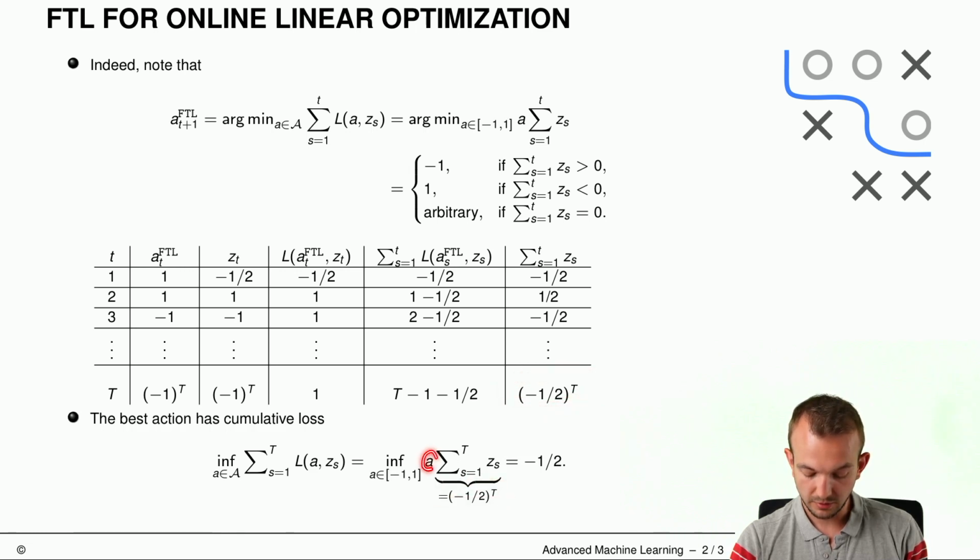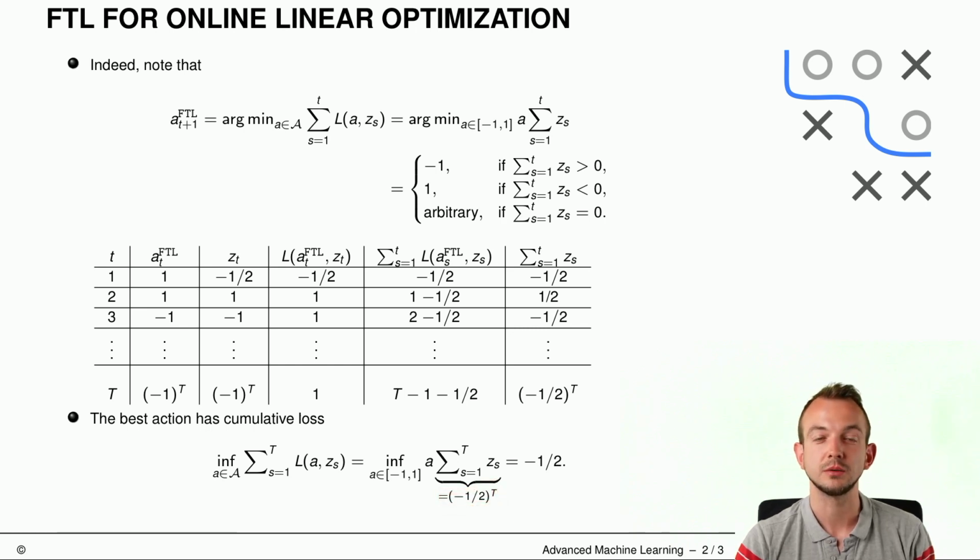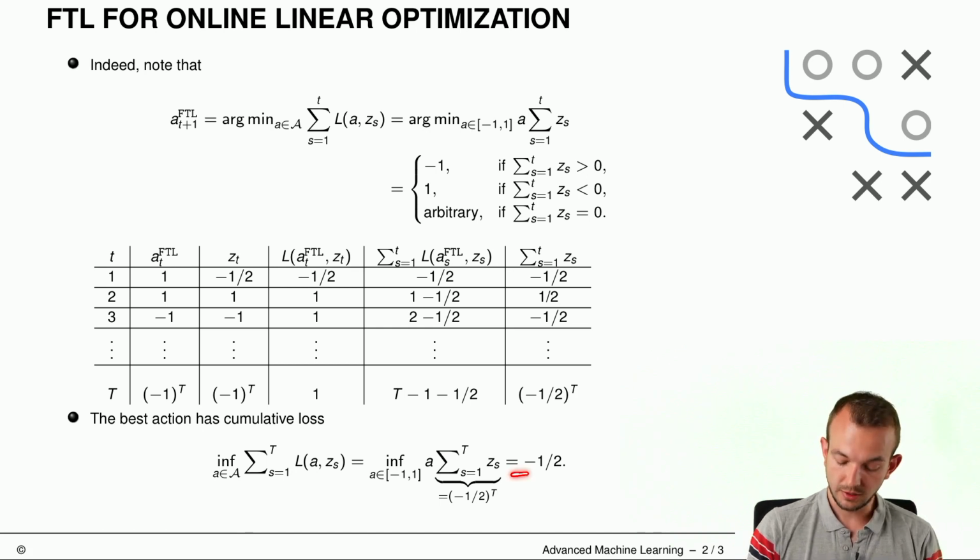And well, in either case, what you will do is you will either choose a +1, if the t is odd. So if you have here in fact a minus 1/2, and the other way around if it's even, then you would choose a -1. And in both cases, the minimum value will be minus 1/2.